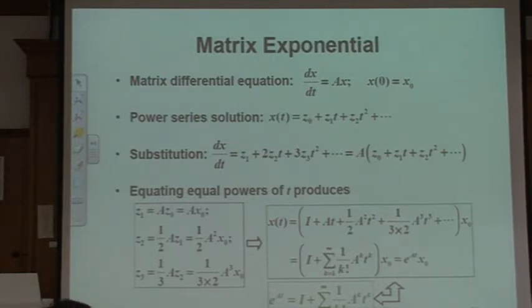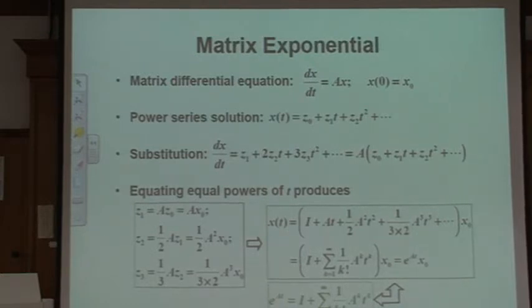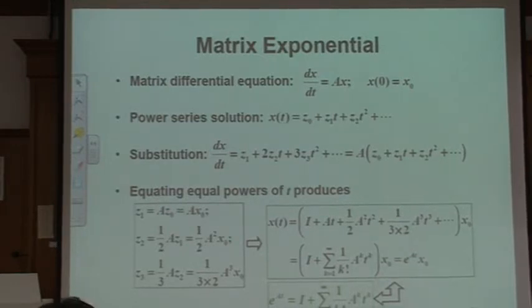Because the system is linear, the state transition matrix is just the exponential function. You can say x(t) is equal to e^(At) x0. When the time is equal to 0, we have the initial state.